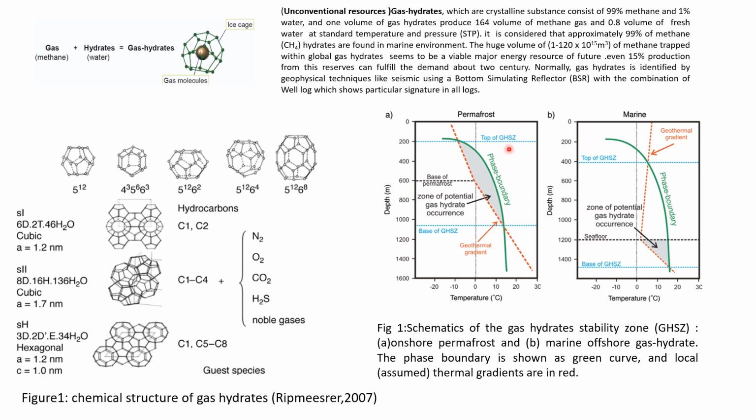Here it is written: top of the GHSZ. GHSZ means gas hydrate stability zone. This is the top of the gas hydrate stability zone, and this is the base of the gas hydrate stability zone.